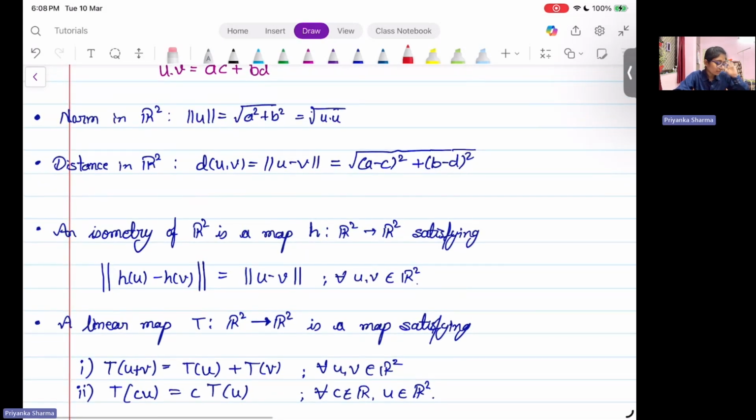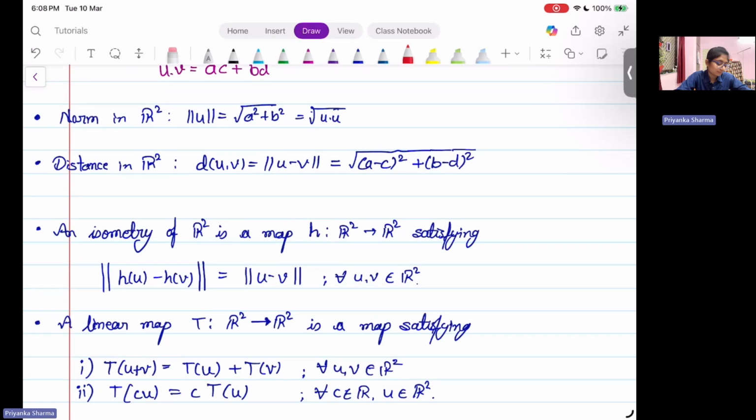Now we come to define the isometry of R square. An isometry of R square is a map h from R square to R square which satisfies this condition: the norm of hu minus hv is the same as the norm of u minus v for all u and v belonging to R square. That is, an isometry is a norm preserving map, or equivalently a distance preserving map.